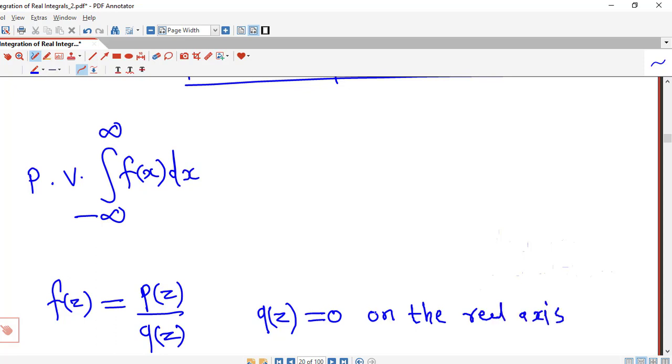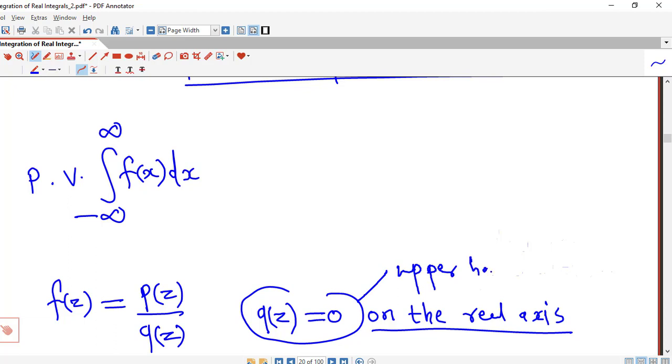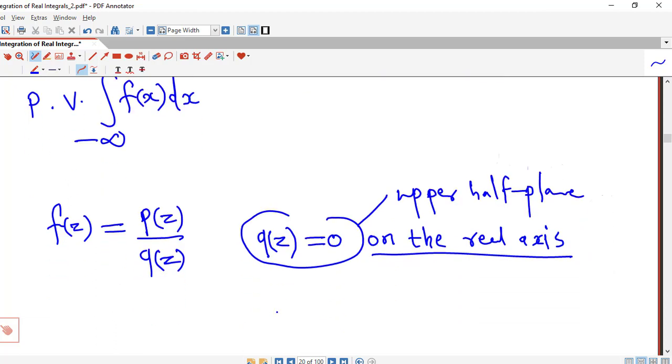Or we first find out all the zeros of q(z), and then we find out which zeros are on the real axis and which zeros are in the upper half plane. So we find out the poles of f of z which are on the real axis, as well as the poles which are above the real axis or in the upper half plane.